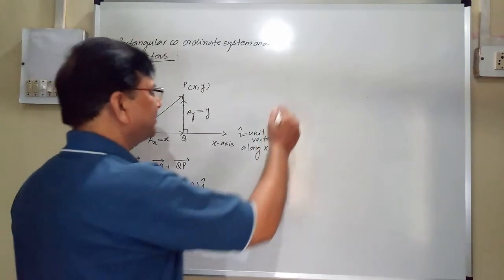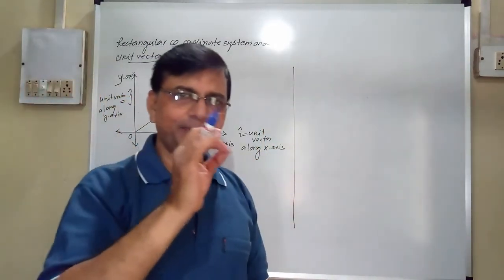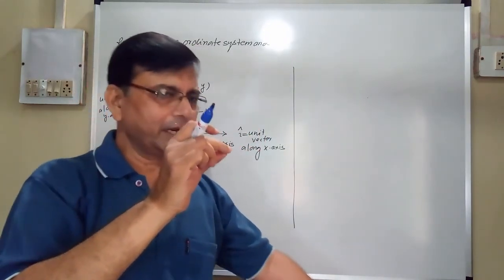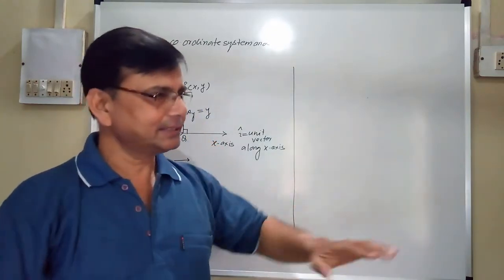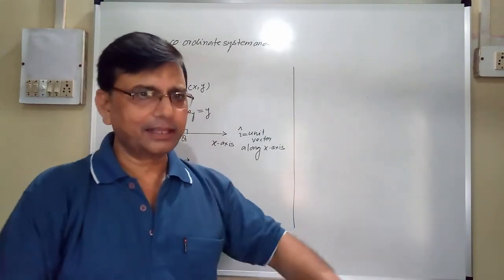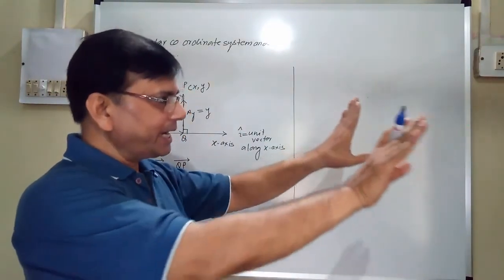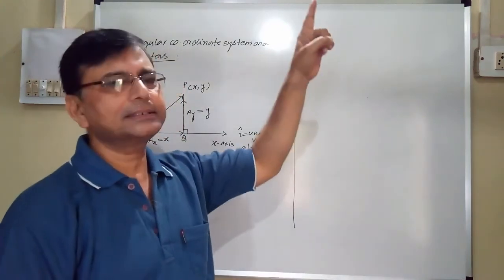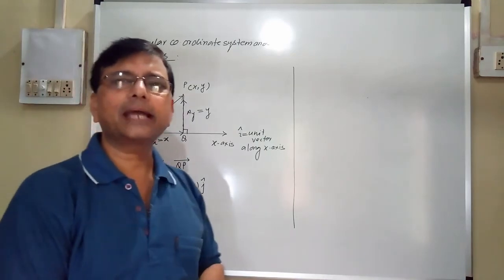But in 3 dimensions, if the point is in space, suppose that is the corner of the room. So from the corner to this point, this is the position vector, and the 3 axes are the walls and the floor. Where this wall and this wall intersect, they create one axis, and this wall and the floor create another axis, and so on, the third axis.